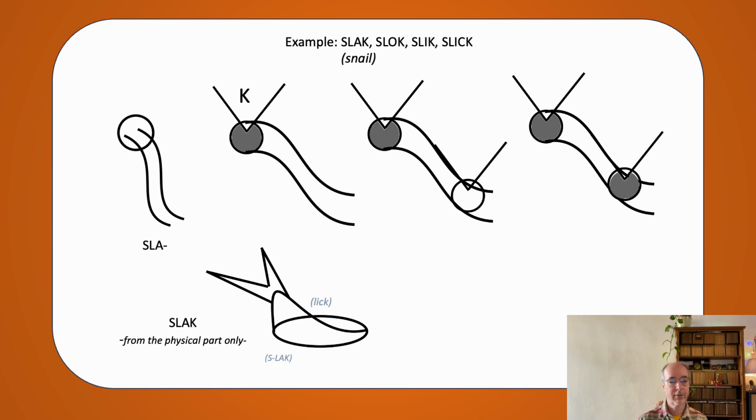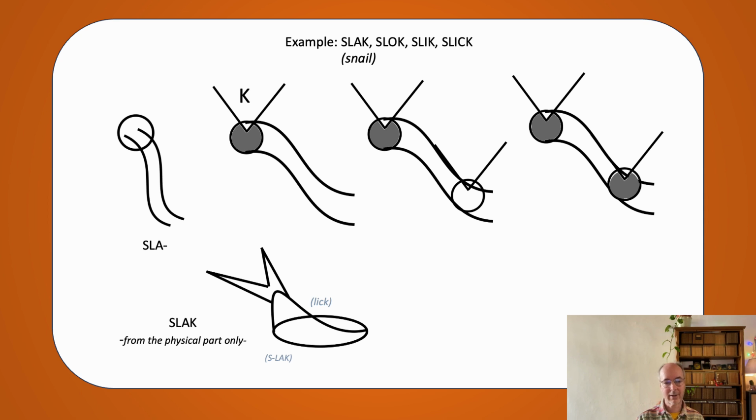It's very easy to go from SLAK to, and you separate the S from the LAK. Then LAK is also a paint which sticks very well. Lick, or lack or lick, lacking or licking, is very easily associated with the end with the K where it breaks, and which if you associate it with vowels, it's the E parts, the separate parts that come in or come out or stick out are associated there.